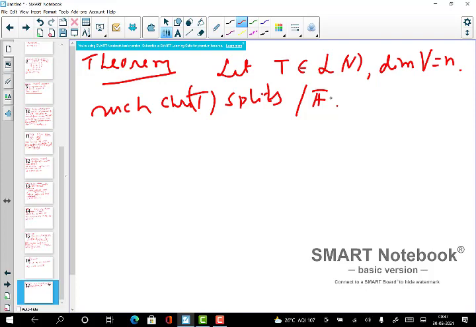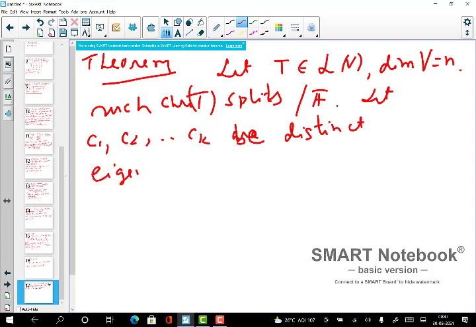So let me write down: say c1, c2, up to ck are the distinct eigenvalues of T. Okay, so then what happens?